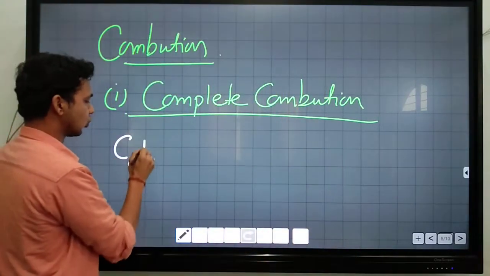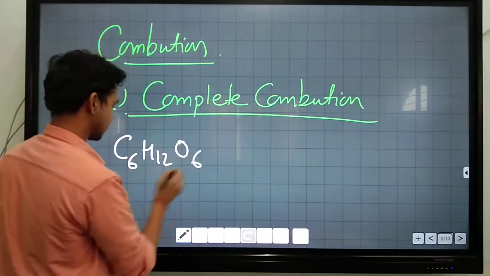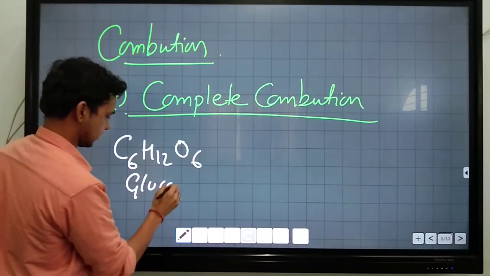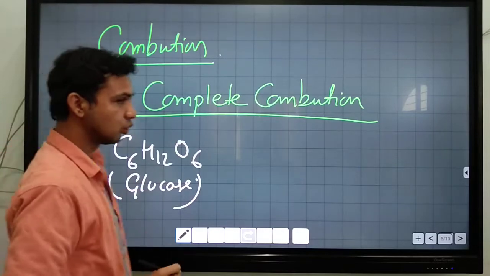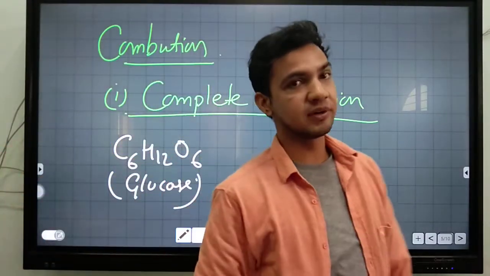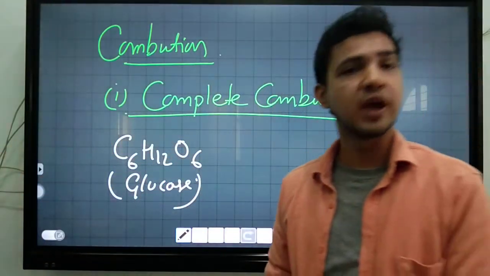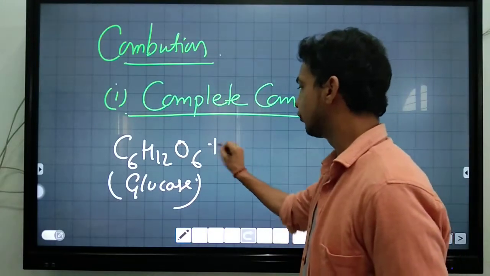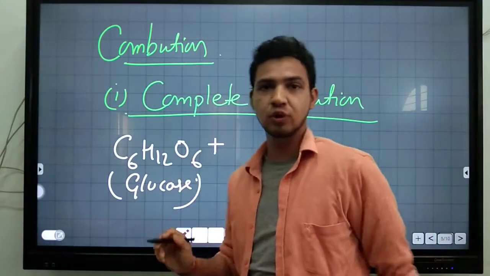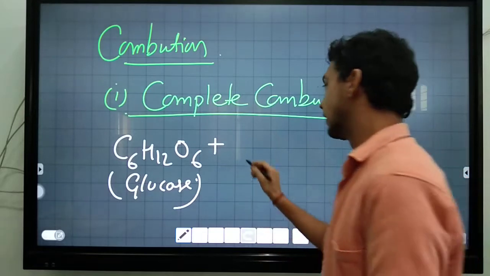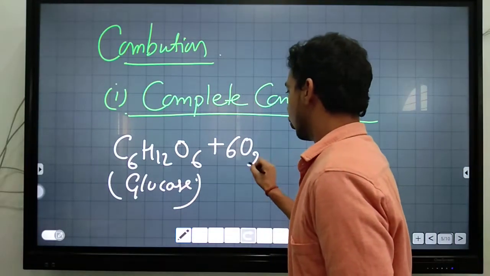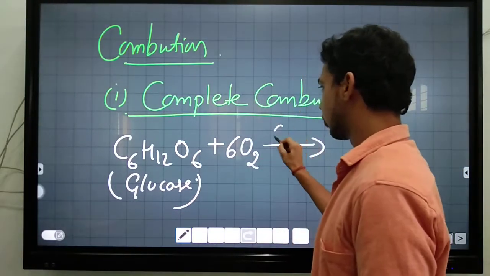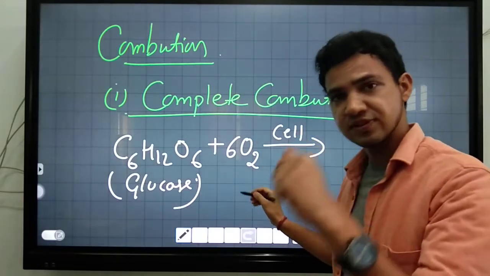See the complete combustion. We are taking glucose, C6H12O6. Glucose is a carbohydrate, made up of carbon and hydrate, water. This is a good source of energy. We are taking a large amount of oxygen through our lungs from the atmosphere, so we are taking 6O2. That process takes place inside the cell.